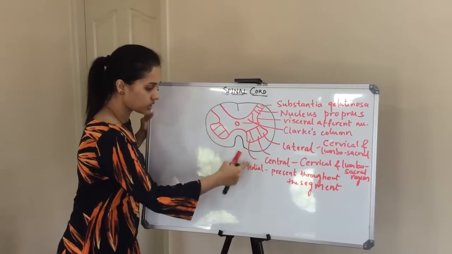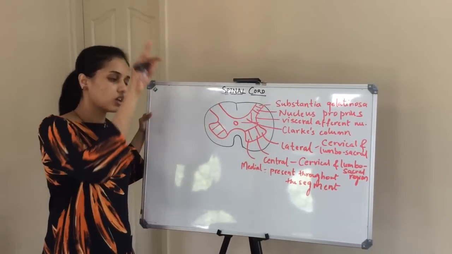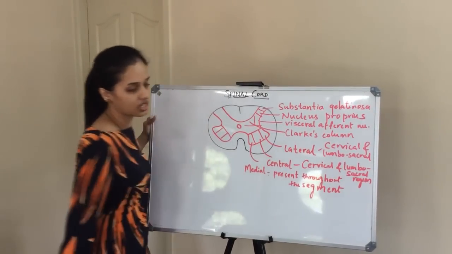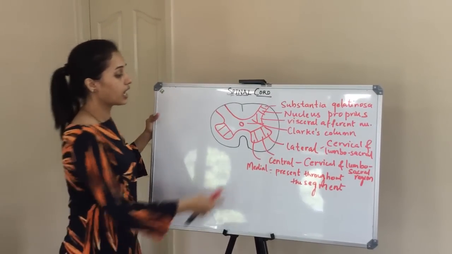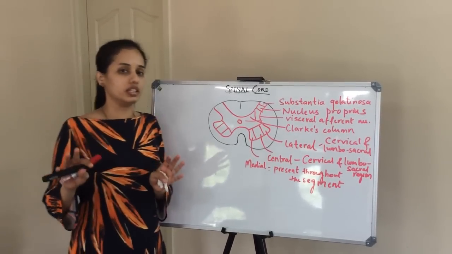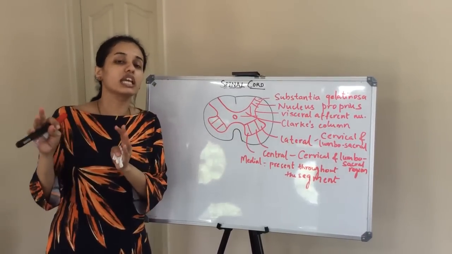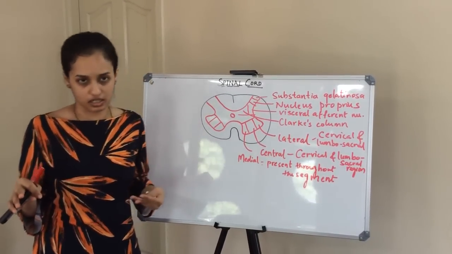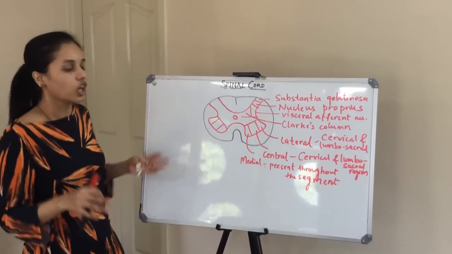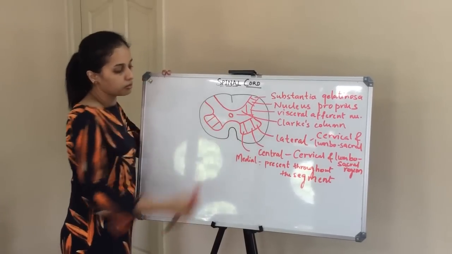The medial group has cell bodies distributed and present throughout almost all the spinal cord segments. They are responsible for innervating the muscles of the neck and trunk, which also includes the intercostal muscles and the abdominal muscles. So those nerve fibers are situated mainly in the medial group.